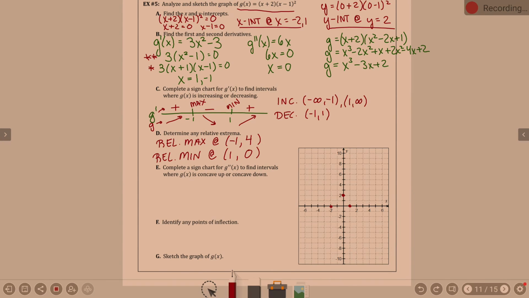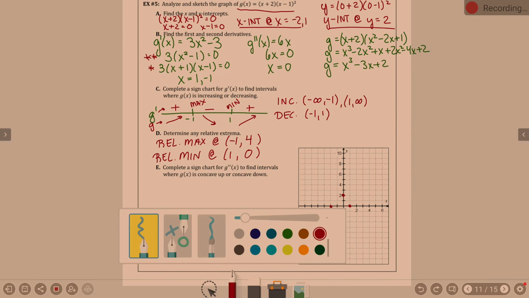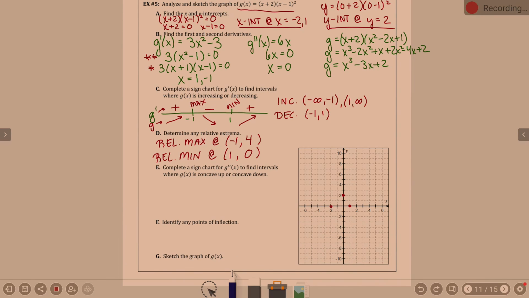E, complete a sign chart for concavity, using the second derivative. What was my critical value of the second derivative? It was 0, so I'm putting 0 on my line. What is my derivative doing to the left of 0?